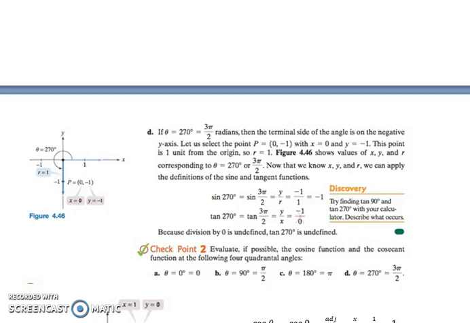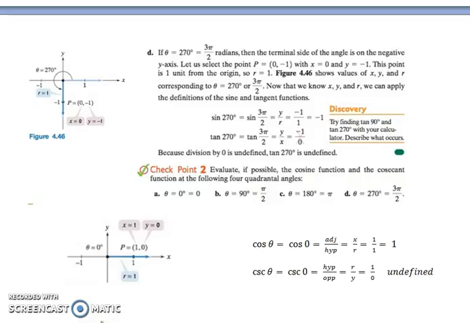Okay. Part D, for 270, again it's the y that's negative 1 this time because we're going down, but x is still 0, and again r is still positive 1 even though we're going down, r always is positive. So for 270, sine would be y over r, which would be negative 1 over 1, so negative 1.